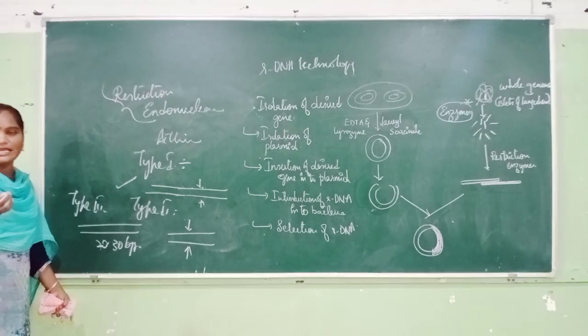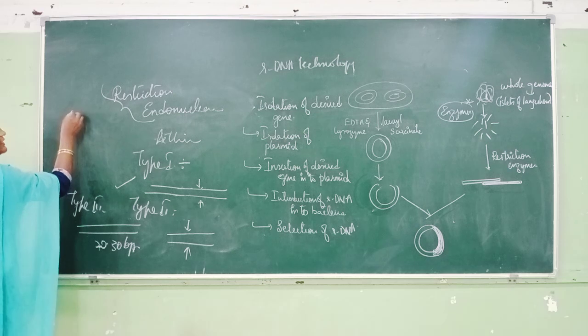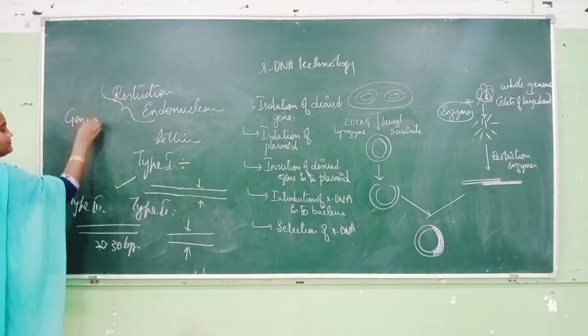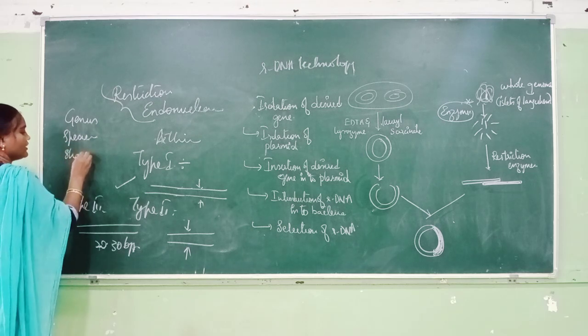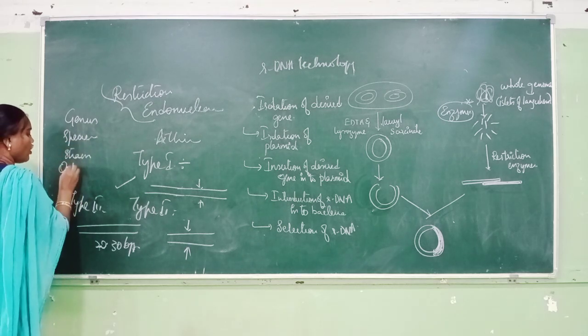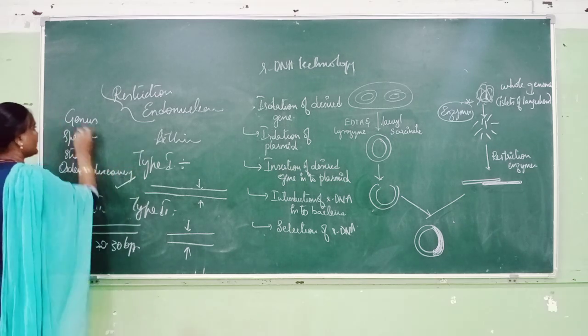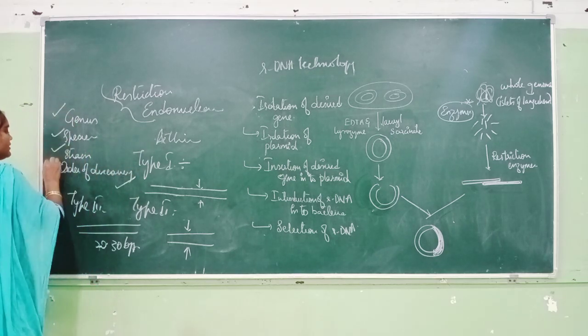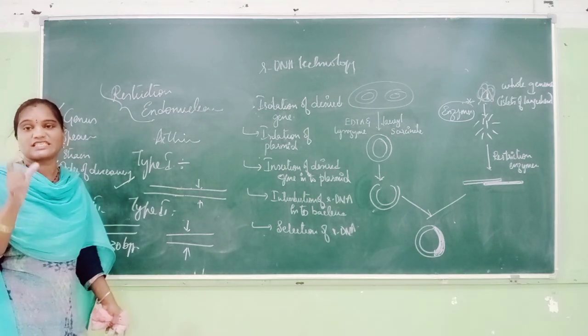The name is given according to the genus, next the species, next the strain, and next the order of discovery. These are the four important points for naming your restriction enzyme.